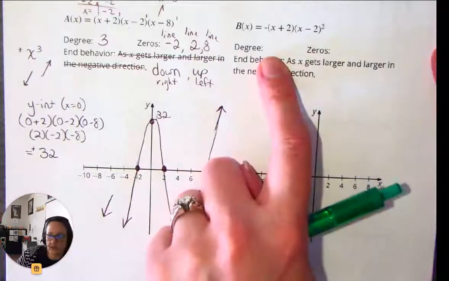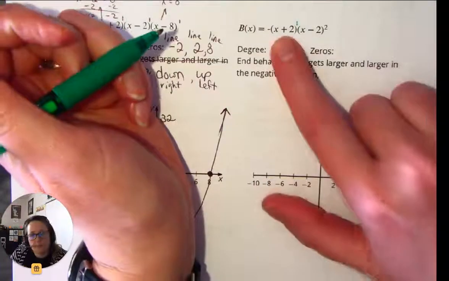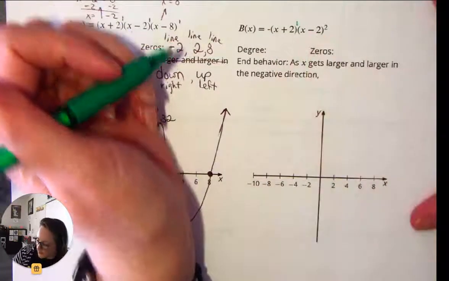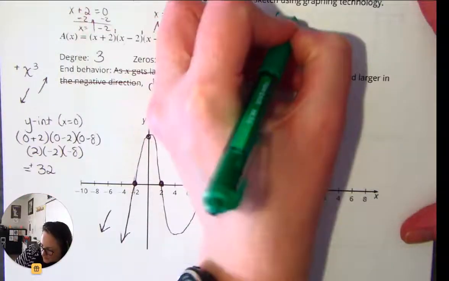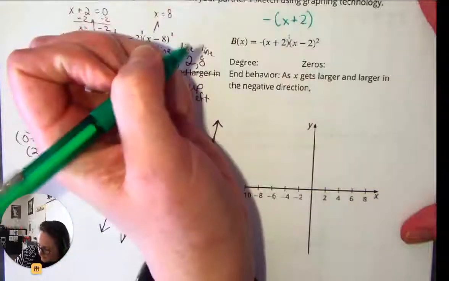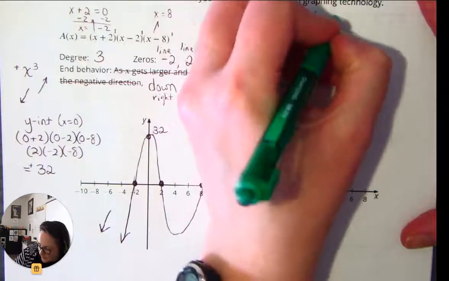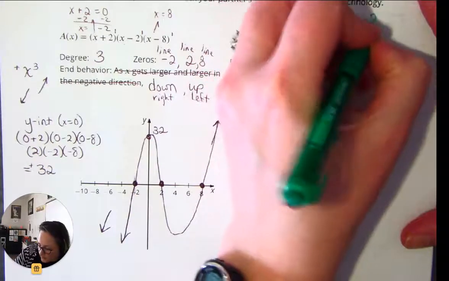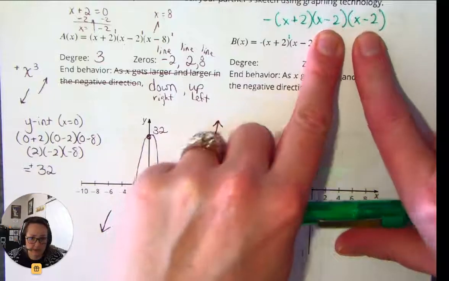Now our second one here has a degree. Let's see. One factor is happening one time. This factor is happening 2 times. So it's like having the factor x plus 2, factor x minus 2, and another factor x minus 2. That's what that squared means. It's happening 2 times.